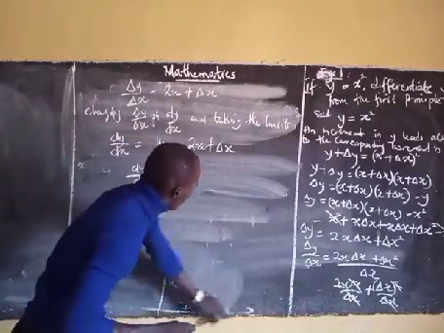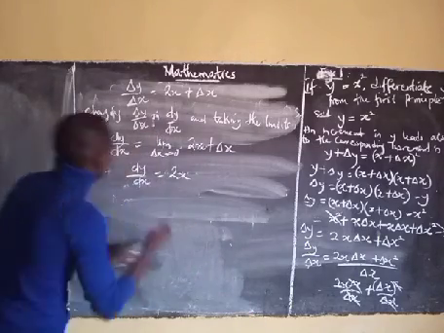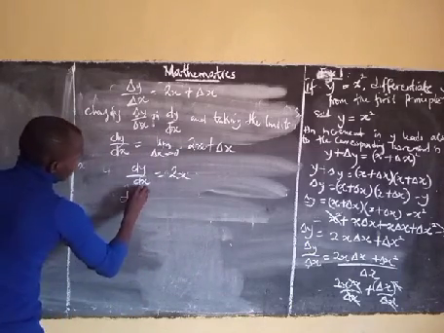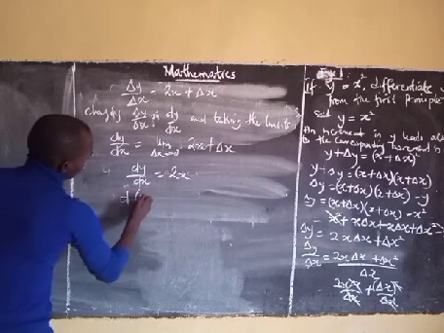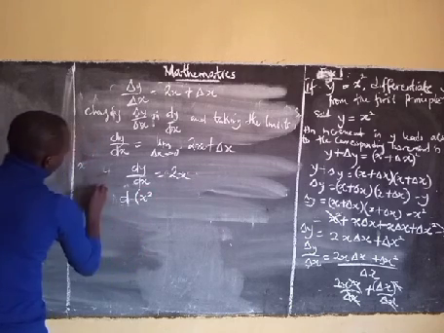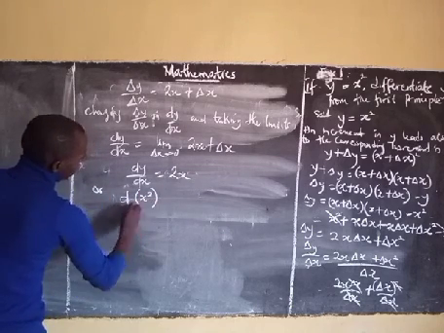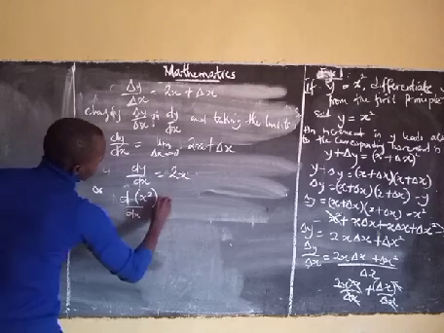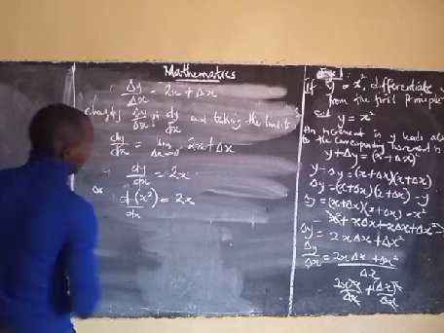From here, we can also say that d of x squared dx equals 2x.